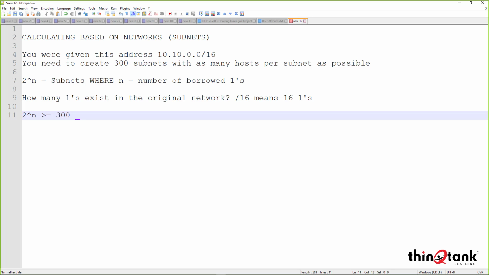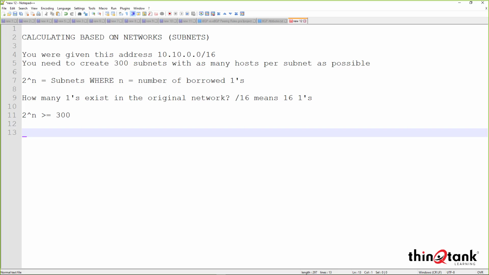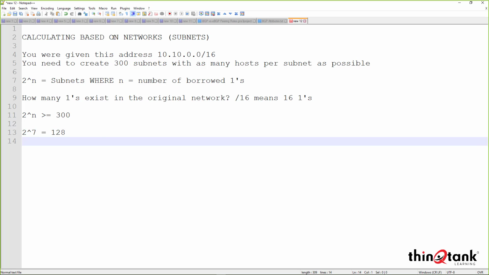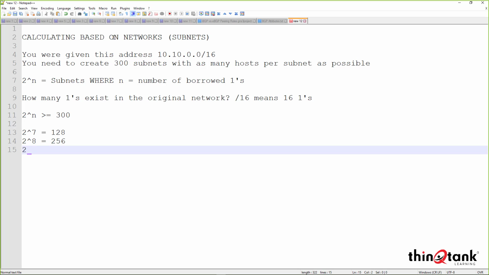What is the number that's going to meet that requirement? 2 to the power of 7 equals 128. 2 to the power of 8 equals 256. 2 to the power of 9 equals 512. So that's the winner, right? 9. You follow me so far?